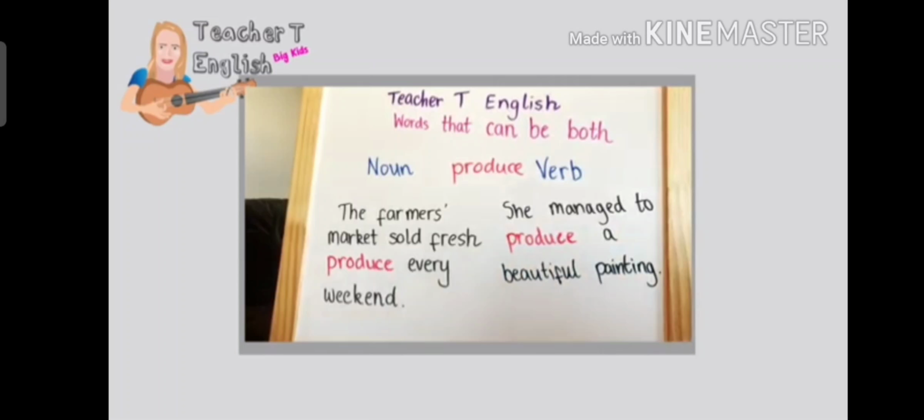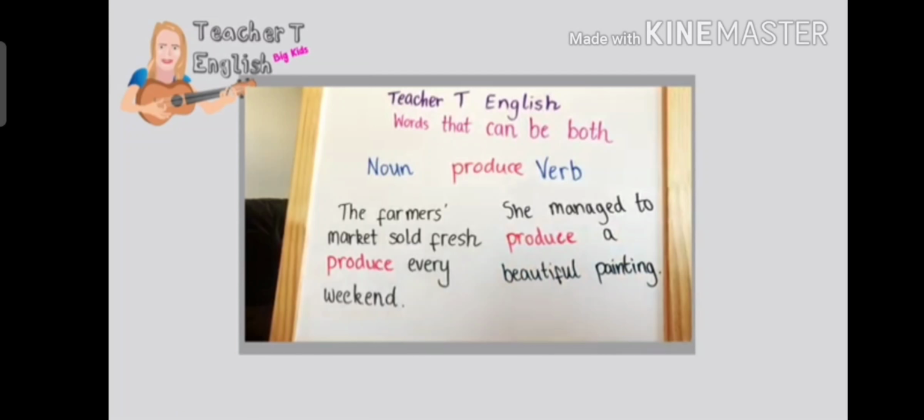Now moving towards verb, we can see an example over here. She managed to produce a beautiful painting. Here again we have used the same word produce, but the word produce over here is showing us the action which she had done.